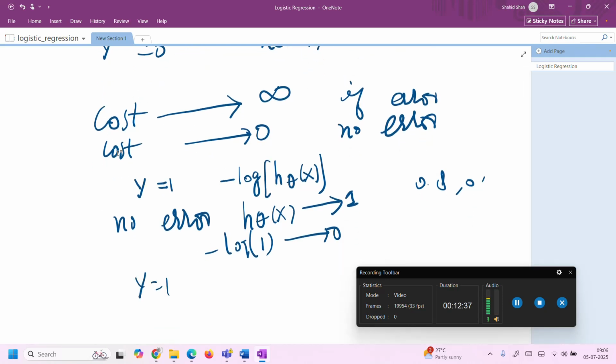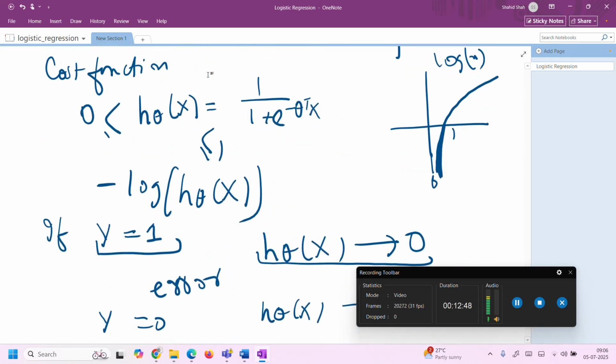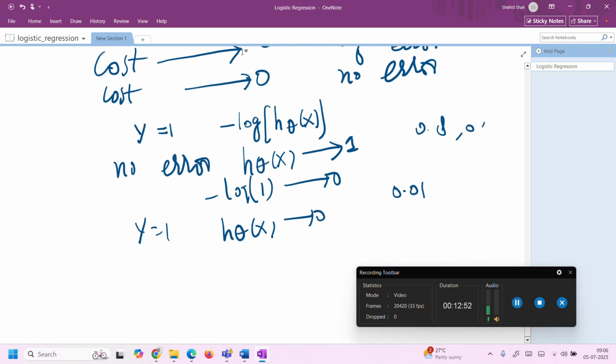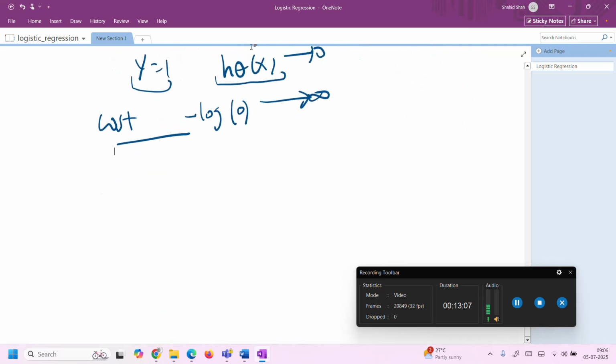Now if y is 1 but h theta of x tends to 0, say it is 0.1, 0.01 or so, then looking at the graph, log of 0 tends to minus infinity, correct? And minus log of 0 will tend to plus infinity. So if y is 1 but your model decides it is 0, then we get minus log of 0 which tends to infinity. This is the cost function at that time, right?